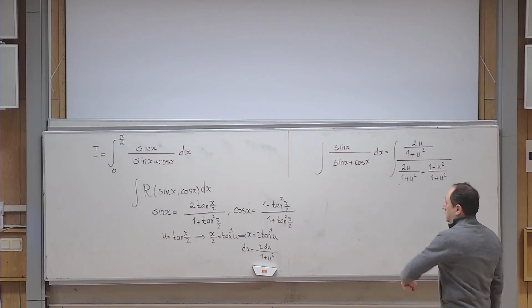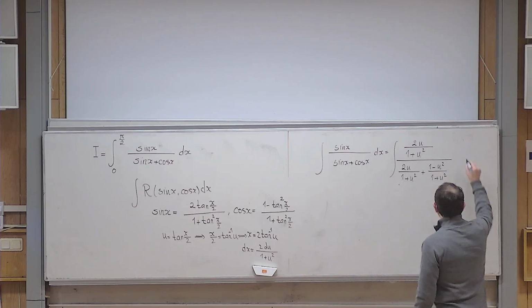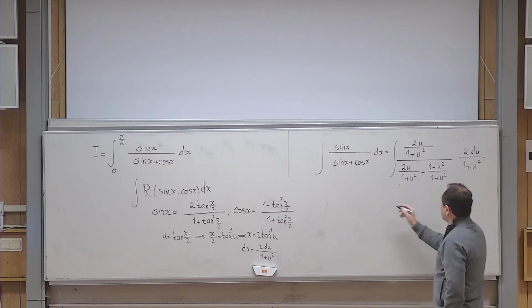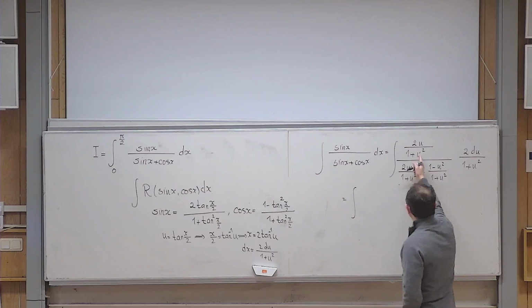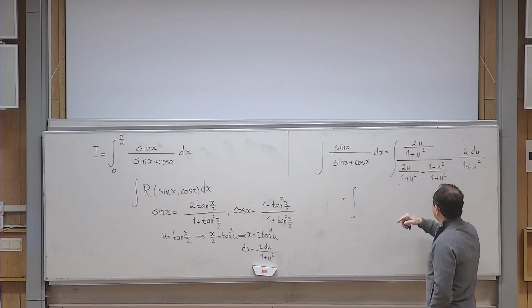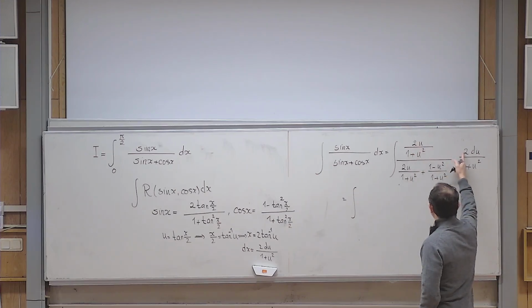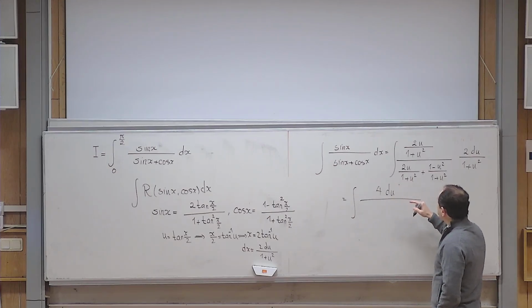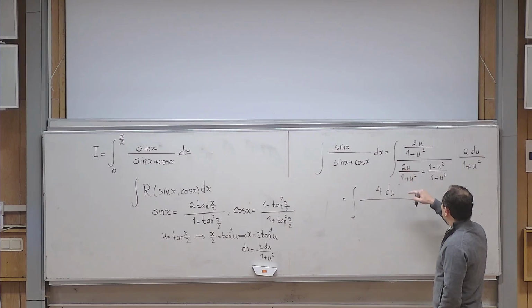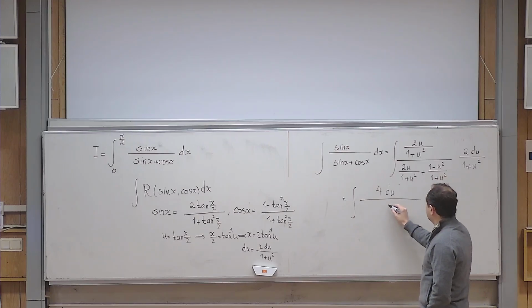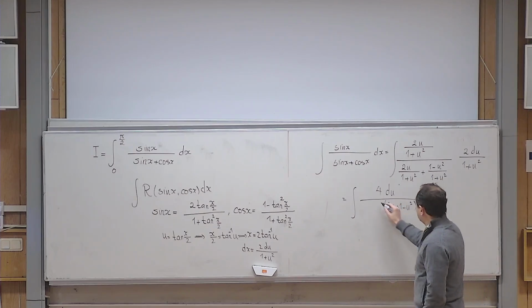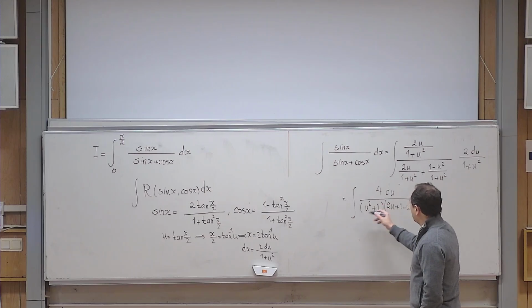And then instead of dx, I put this expression. Okay, and then for example this becomes equal to the integral if I multiply the numerator and denominator by this factor. So the numerator becomes 2u multiplied by that 2, which becomes 4 du, and the denominator becomes 2u plus 1 minus u squared. And of course this factor will also go to the denominator, and then you get this expression.